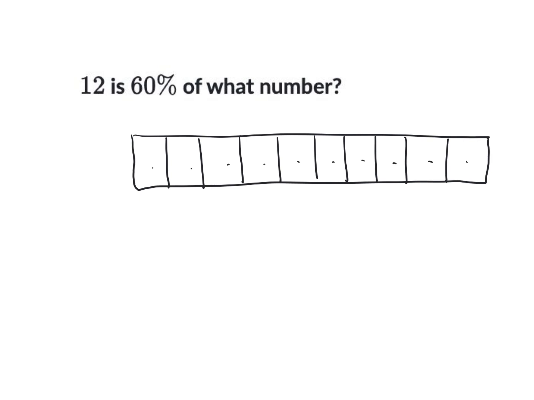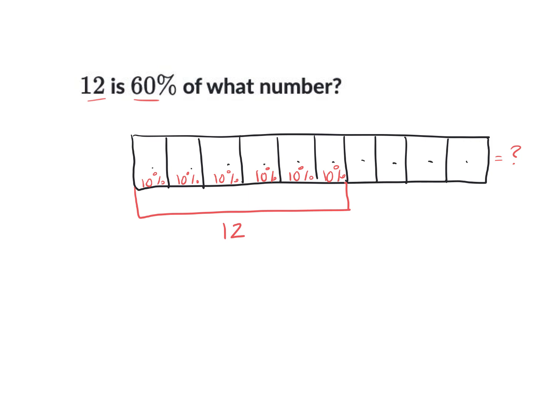And we know 12 is 60% of what number? We're looking for that mystery number. So I'm going to look for if each of these is 10%. 10, 20, 30, 40, 50, 60.